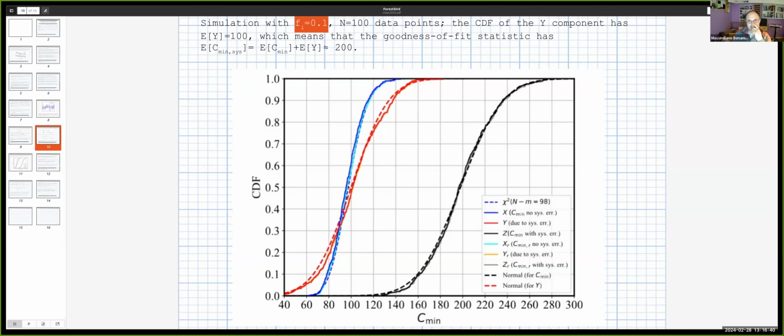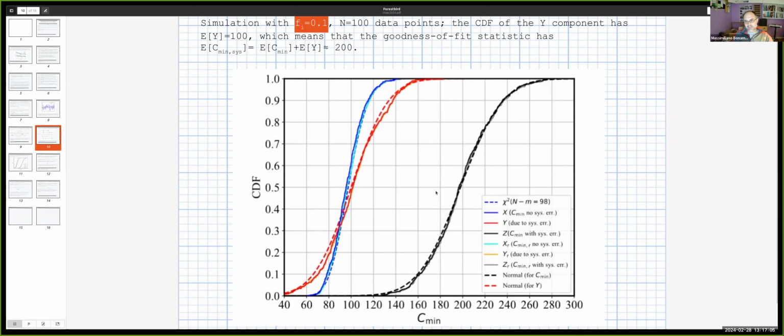And now the part that I found pleasing to see is that when I do these numerical simulations of this method for systematic error, the additional component Y, which is reported here in either red or purple, actually follows, within uncertainties due to the Monte Carlo simulations, what I was expecting.